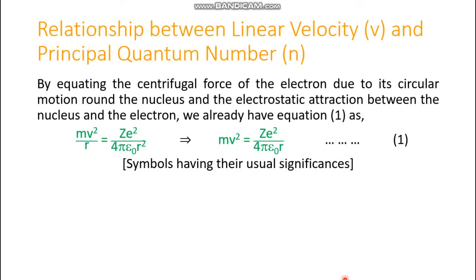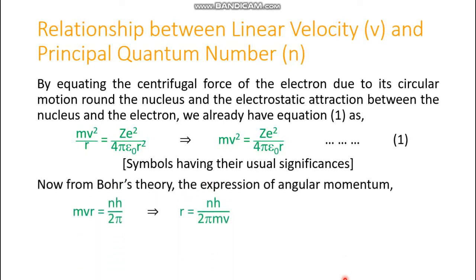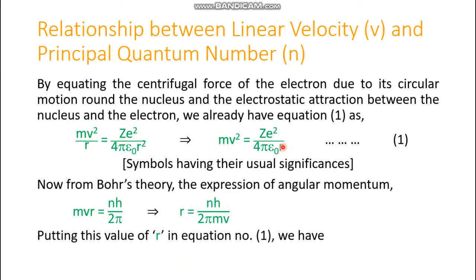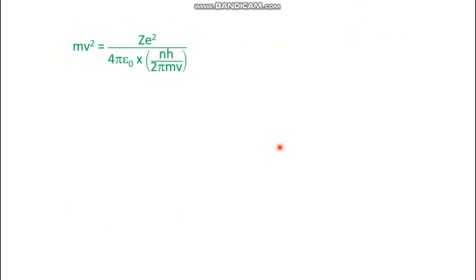Now according to Bohr's theory, mvr equals nh by twice pi, and here instead of v we are taking the value of r, and we have to insert this value of r in equation number 1. So the value of r is nh by twice pi mv.